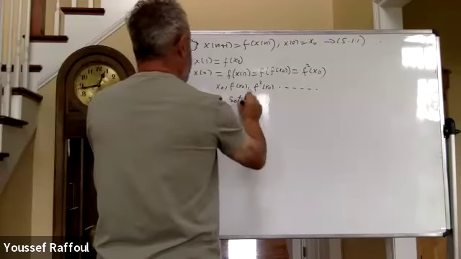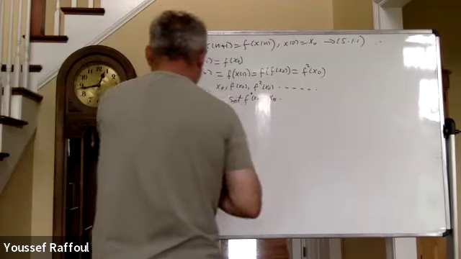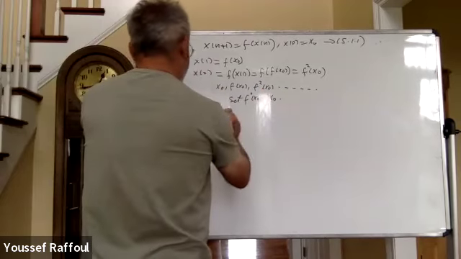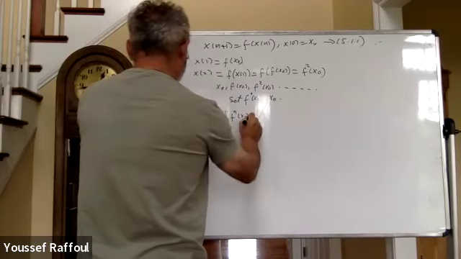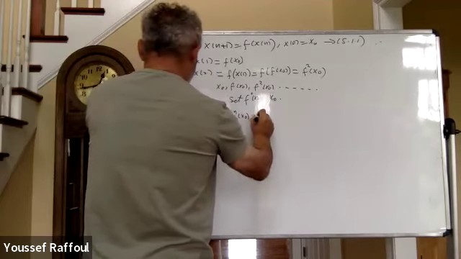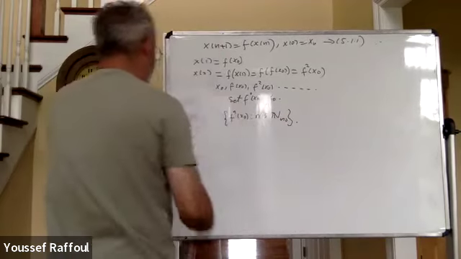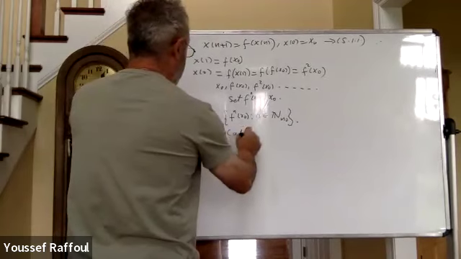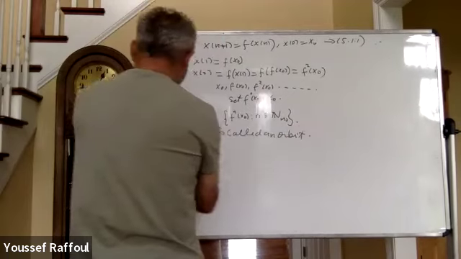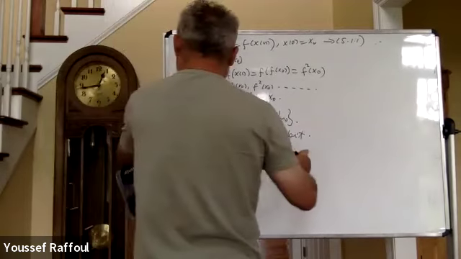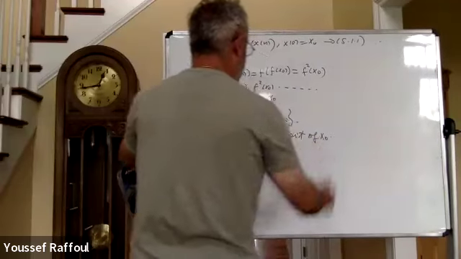And if we set f^0(x_0) equal to x_0, then the set of f^n(x_0), where n belongs to the natural numbers, is called an orbit of x_0.